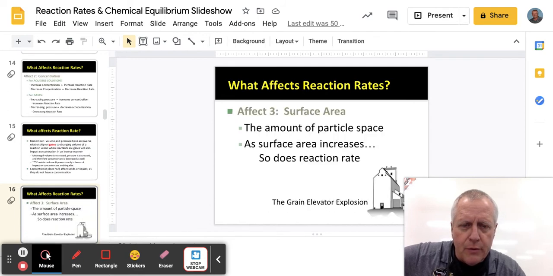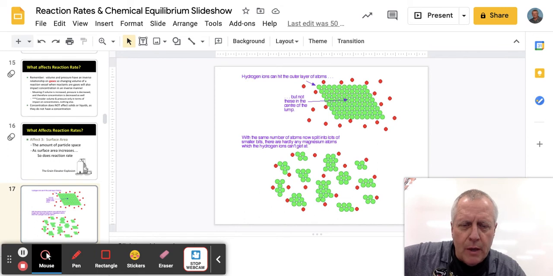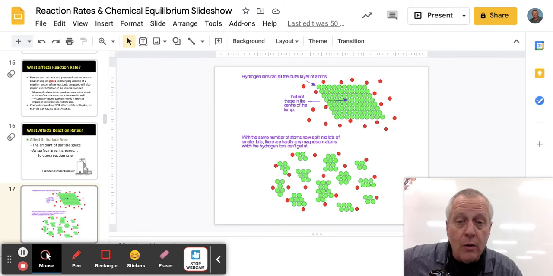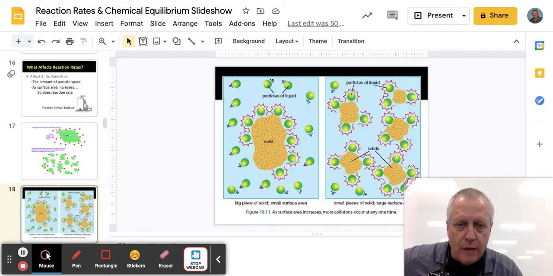Surface area plays a role because if you have a large chunky particle, the things that are wanting to react with it aren't going to come in contact as easily as if you broke it up. If you break it into smaller particles, then the reactants trying to react with it would have more access. So the smaller the particle, the higher the reaction rate.